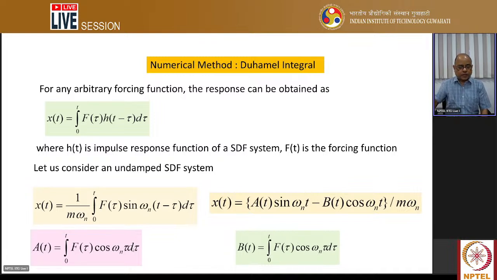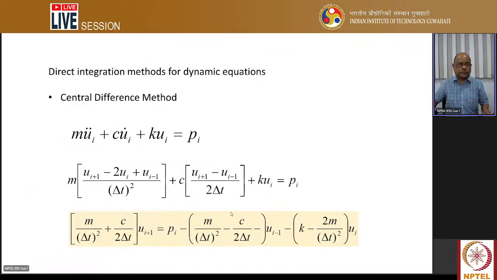If f tau is not an ordinary function that can be integrated, is a very complicated one, then we can use the numerical technique for integration and we can find the response numerically. Recursive relationship is also given in the modules.